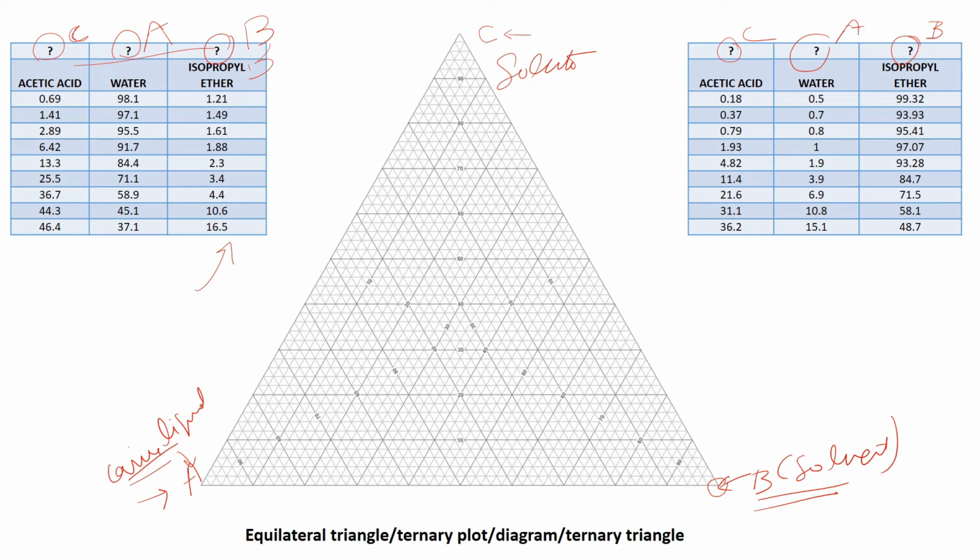So let's try to plot. Which one to choose? Maybe this one: 13.3, 84.4, 2.3. So what is this? C, 13.3 weight percentage of C. C is here, so this is 90s, 80s, 70s, 60, 50.